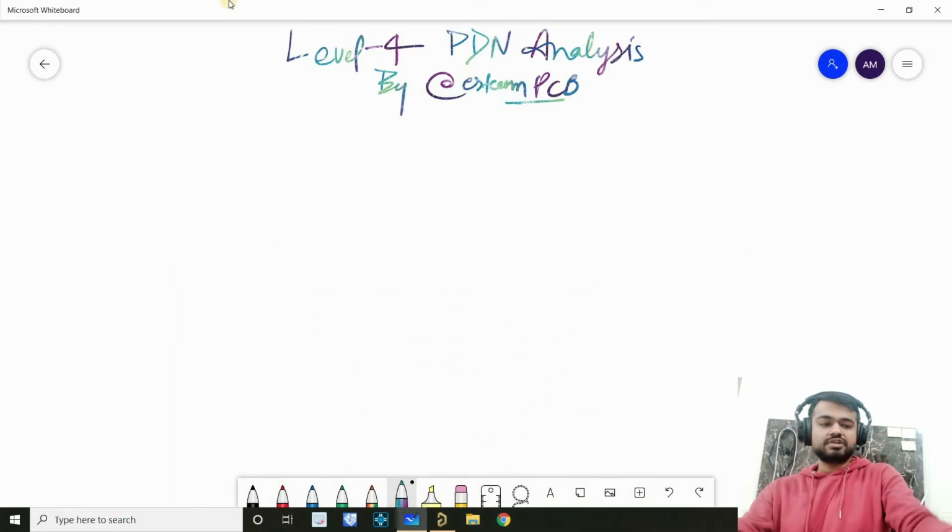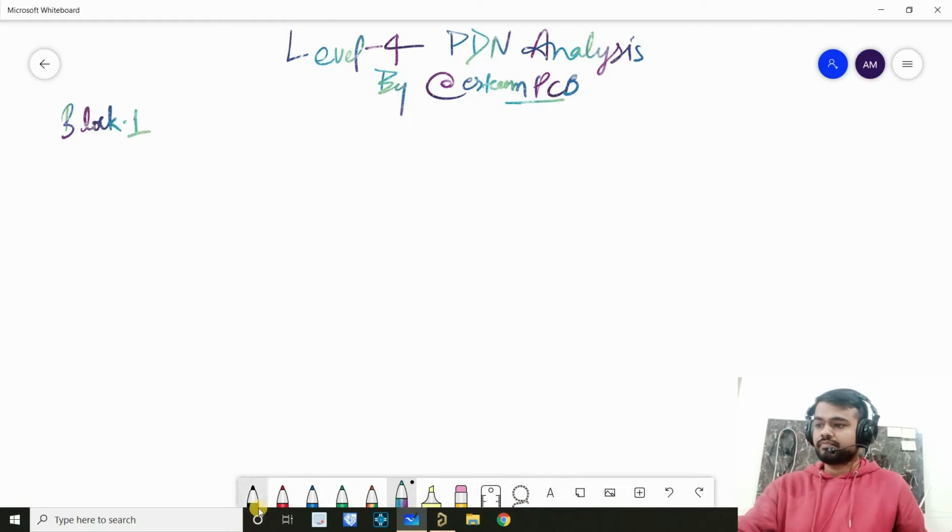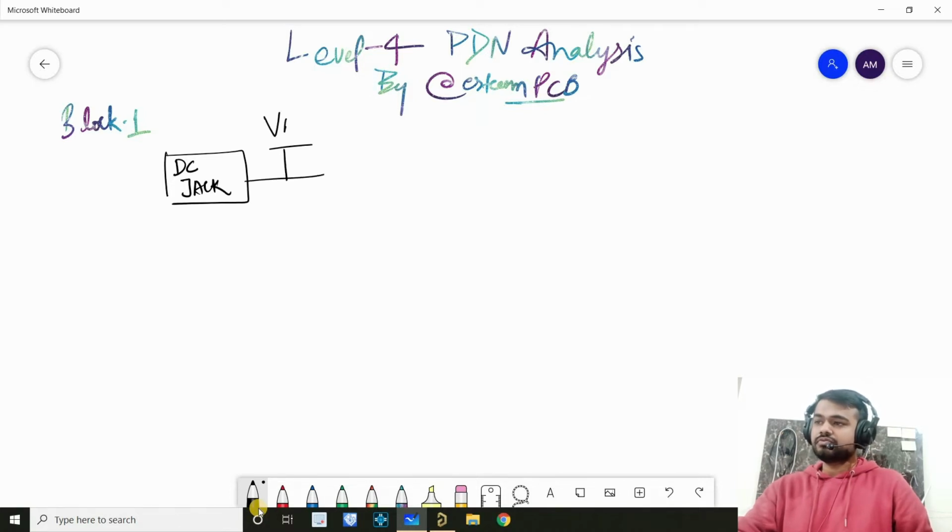So for that we'll start from the DC jack. Firstly, here we'll have 3 circuit blocks. We'll start with circuit block 1. For block 1 we'll start from the DC jack, which has a particular net I've told you, VM.